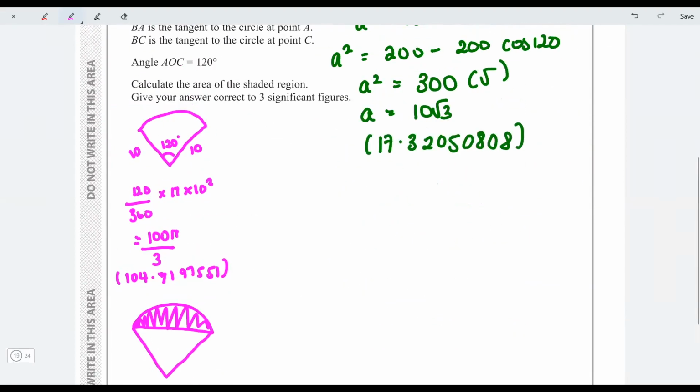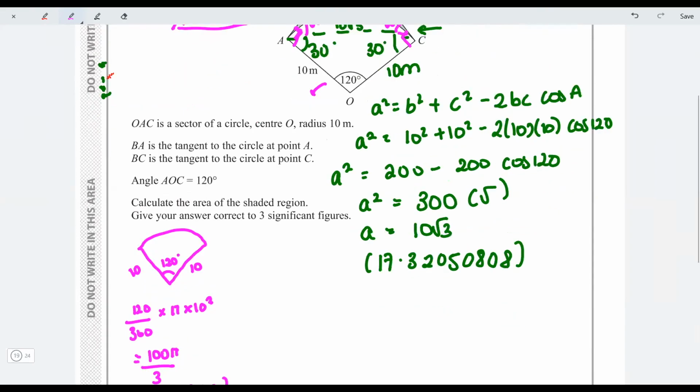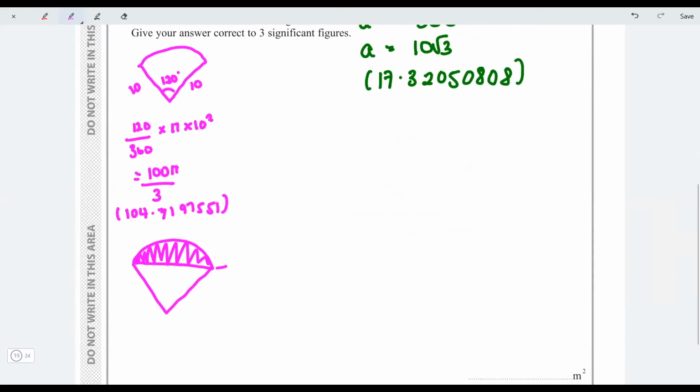So do I know the distance of that line? I do, don't I? That there is 10 root 3. I mean, do I need to know that? I could just work out the area of the triangle and take it away from the full thing.